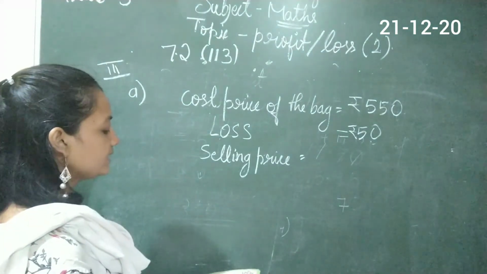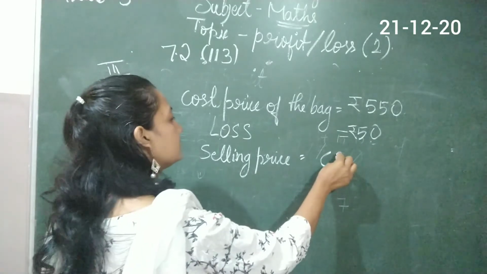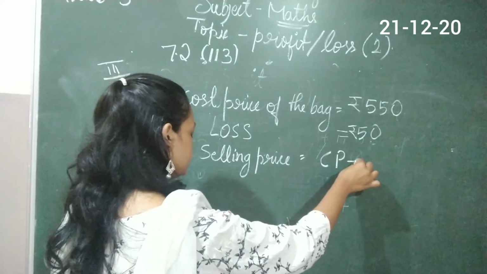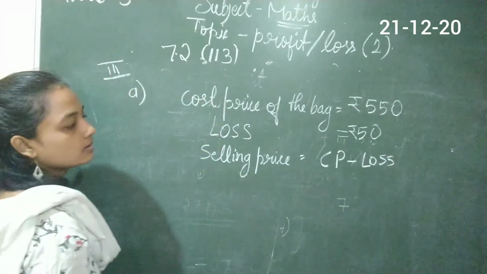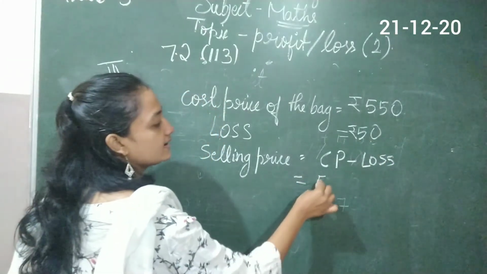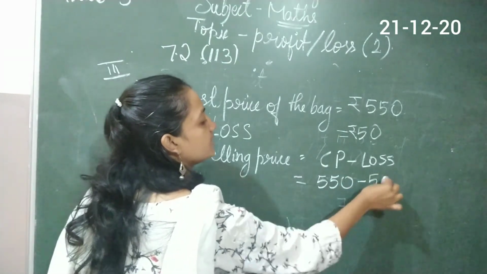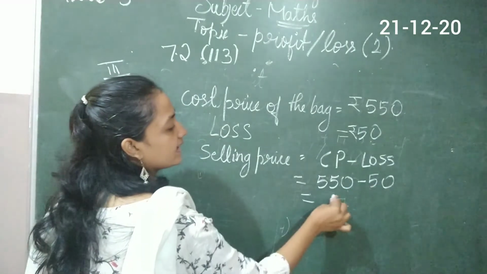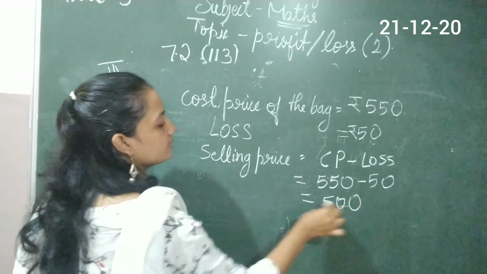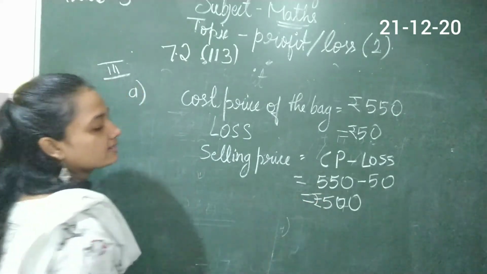For finding selling price when there is a loss, you have to write CP minus loss. How much is CP here? It is 550 and the loss is 50. When I subtract 50 from 550, I get 500. This will be my selling price.